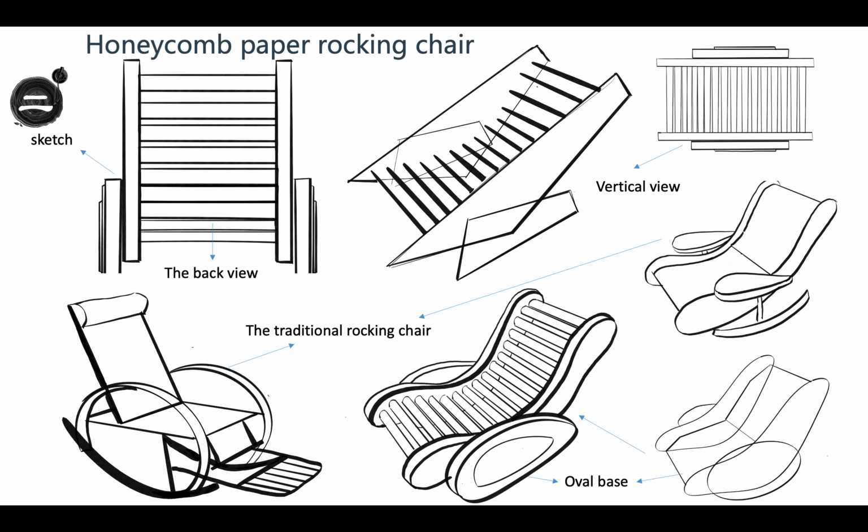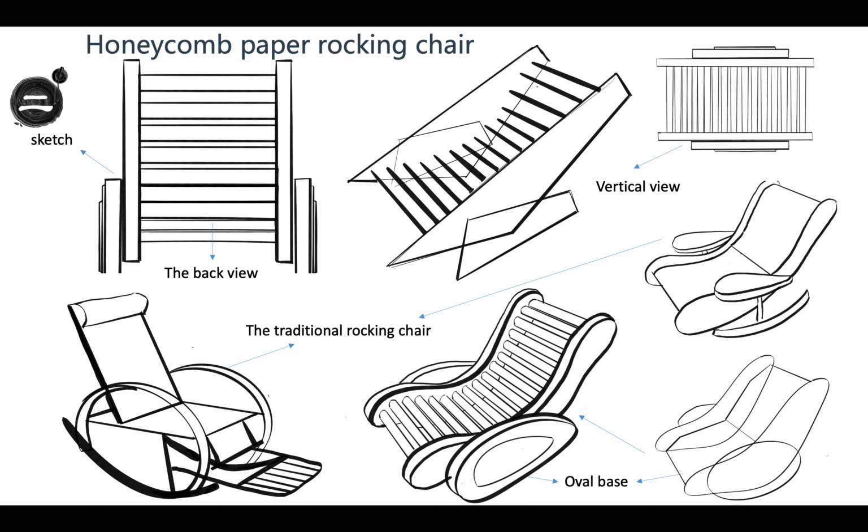My second design is a rocking chair. A traditional bamboo rocking chair inspired this design. The wheel-like supports and the curved chair body design allow it to swing back and forth without falling over.